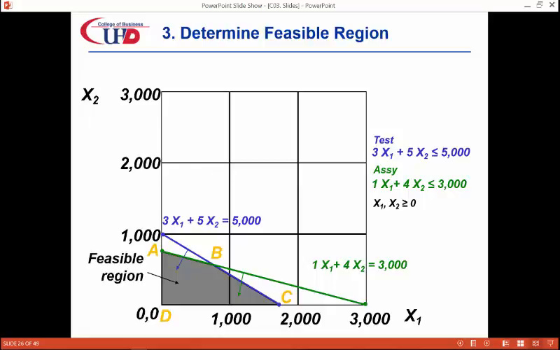A is on the x2 axis only, C is on the x1 axis only, D is the origin point, B is in the first quadrant. So step 3 is done after we identify all the corner points.